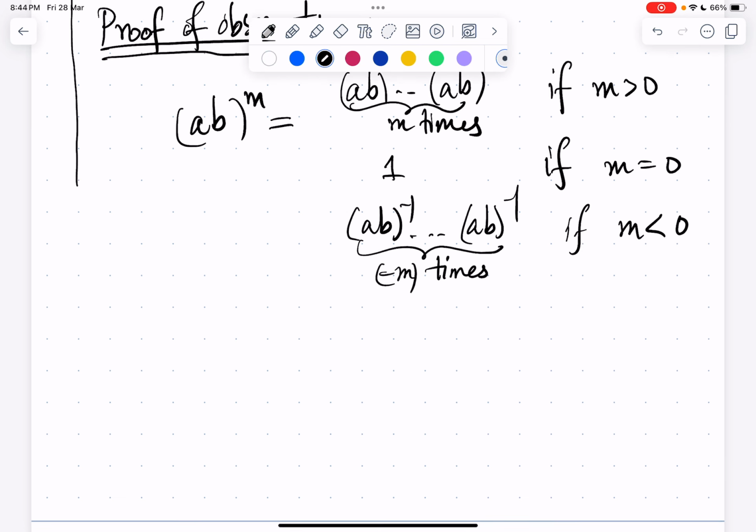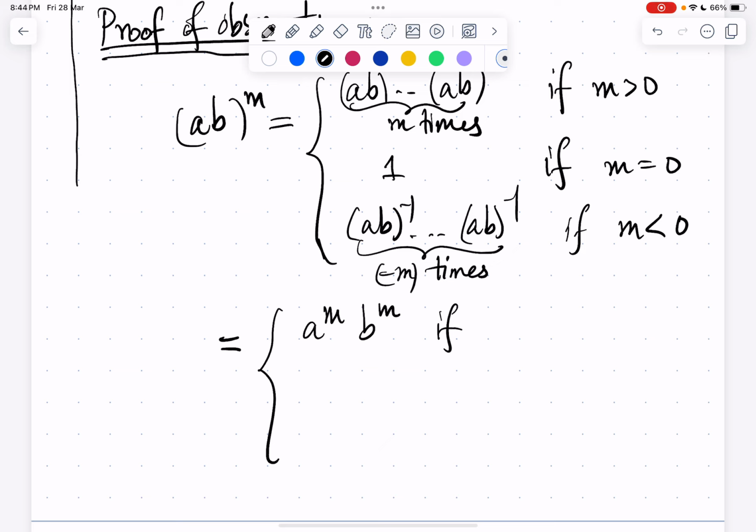So this is in any case equal to a^m b^m if m is greater than 0, 1 if m is equal to 0.